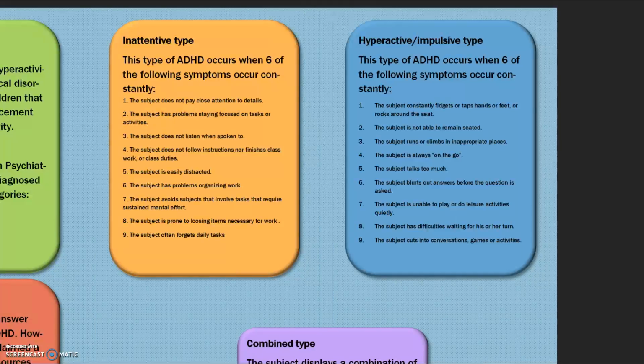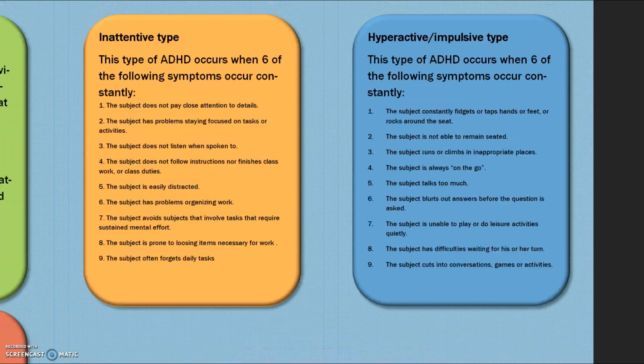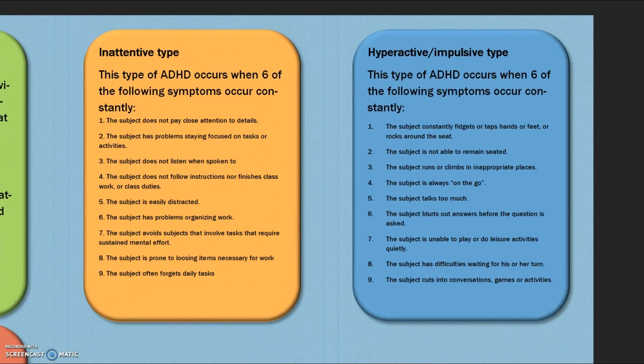Okay, so inattentive. For a child to be diagnosed as inattentive, 6 of the following symptoms have to be occurring constantly. And the same applies for hyperactive impulsive: 6 of the following symptoms have to be occurring constantly.